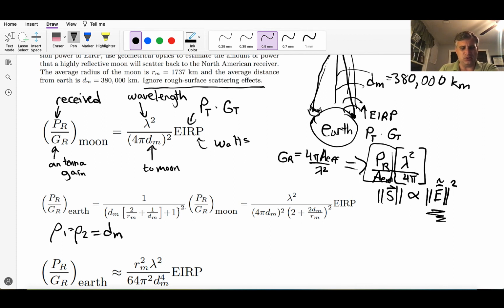So now instead of two square rooted terms that are identical, I have these squared. So the power that I receive at Earth is equal to the incident power, which I calculated up here, just from the basic free space equation.